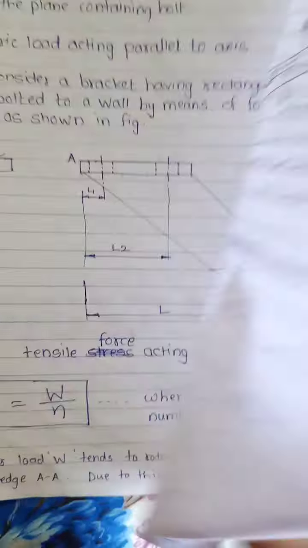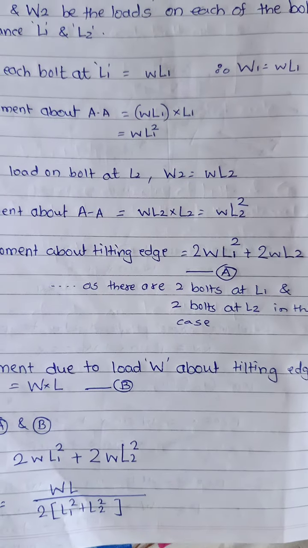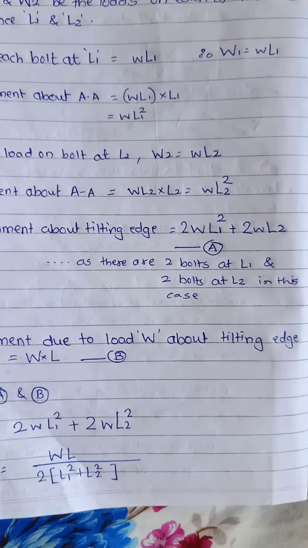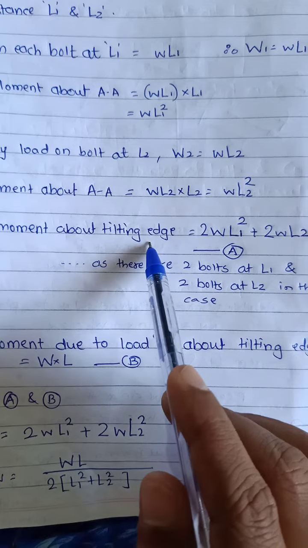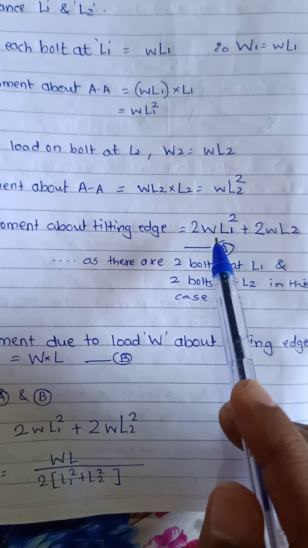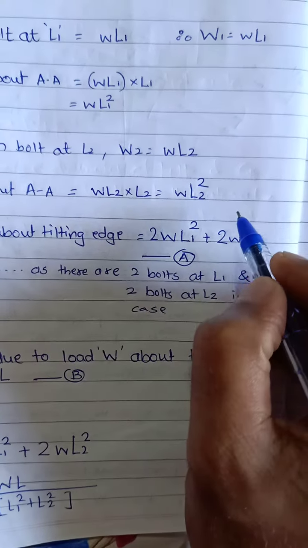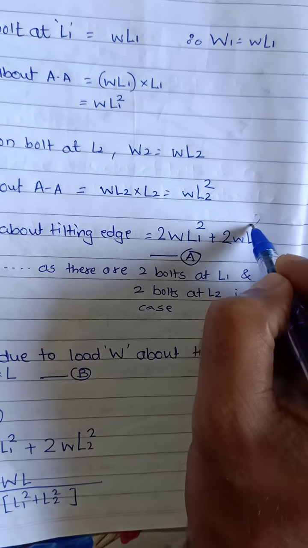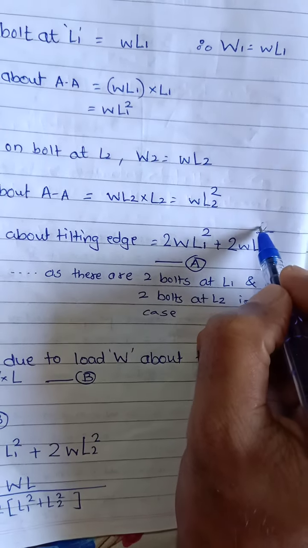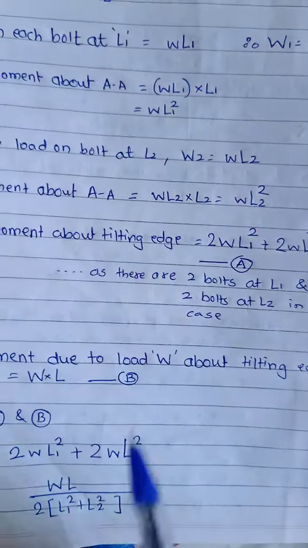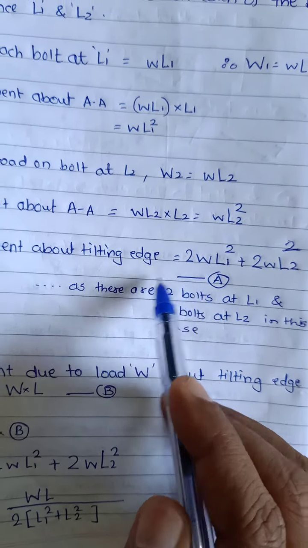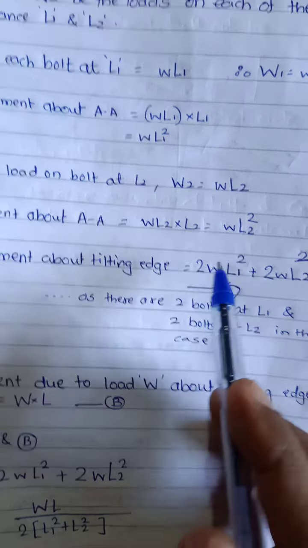So this W into L we can write as W into L is equal to 2 w L1 square plus 2 w L2 square. Now this 2 is for the two bolts at L1.